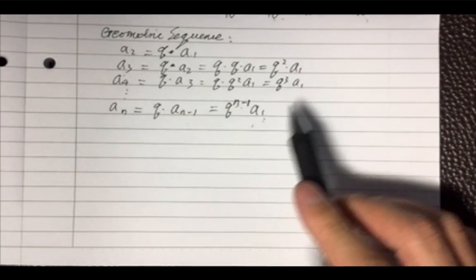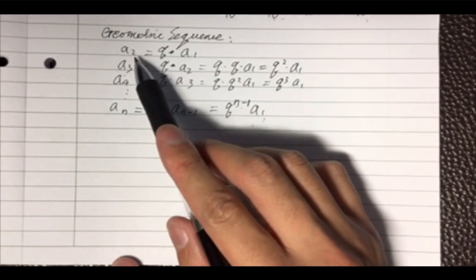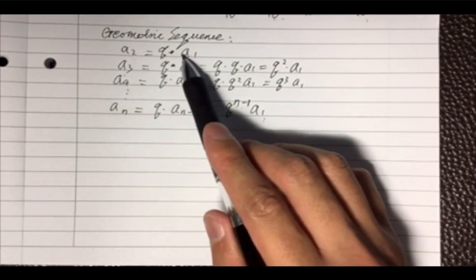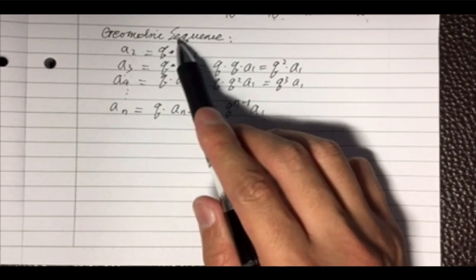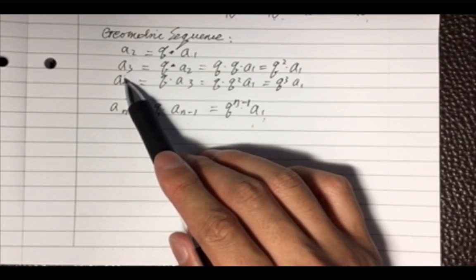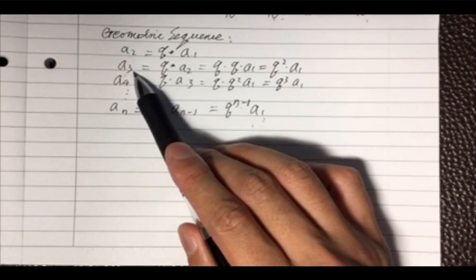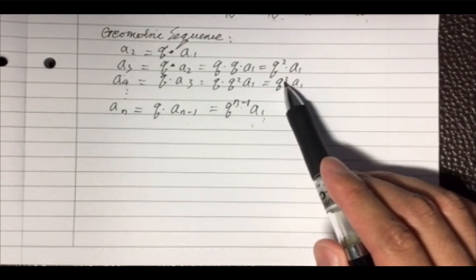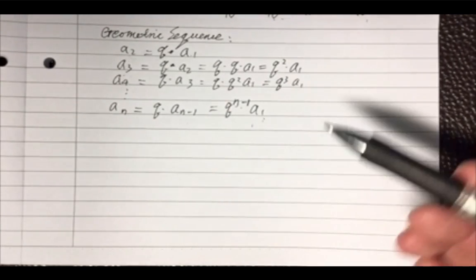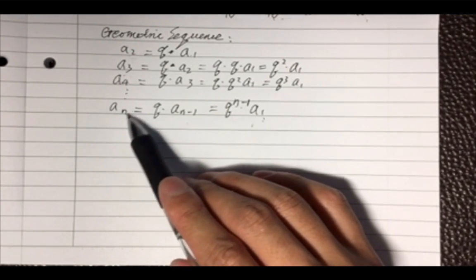Because just observe here: for A2 and A1, there's Q to the power of 1, right? For A3 and A1, there's Q to the power of 2, so 1 plus 2 is 3. And here, 1 plus 3 is 4. So for the last term, it's just 1 plus n minus 1, which is n.